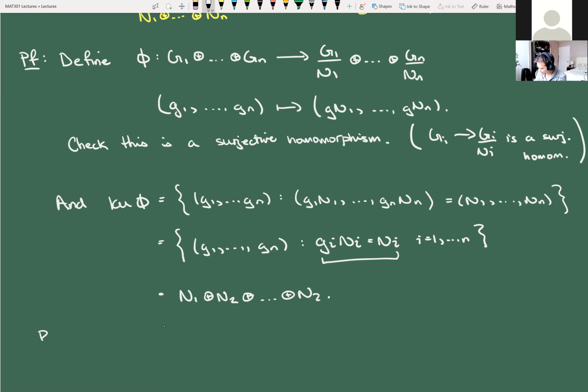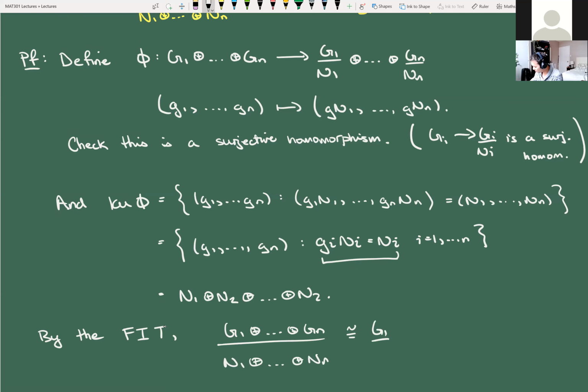So by the first isomorphism theorem, we are going to have that G1, the original group, mod its kernel, is isomorphic to its image, but this map was surjective, so its image is everything. All right, and we're done.